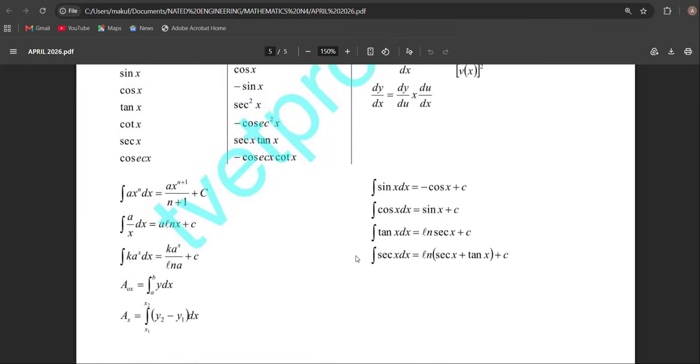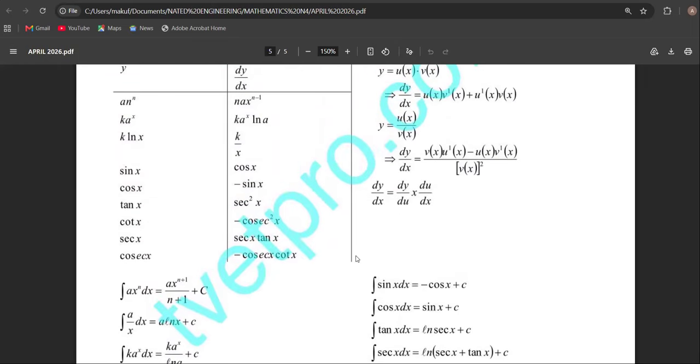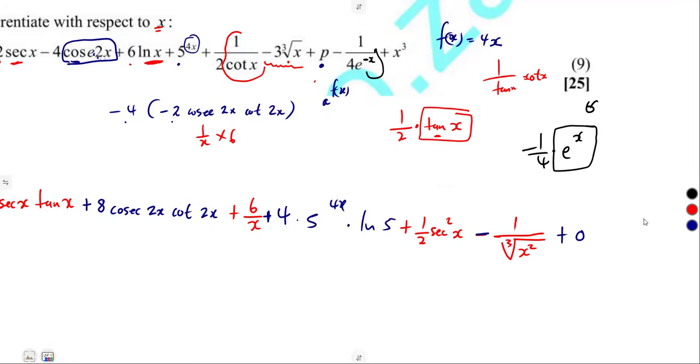They didn't give us that, but we can check it from the concept here: e to the exponent of x is going to be e to the exponent of x times the ln of e, where the ln of e is 1. So you remain with e to the exponent of x. So the derivative of e remains like that. So that's simply minus 1 over 4 e to the exponent of a positive x.